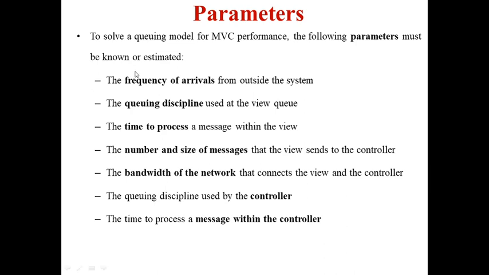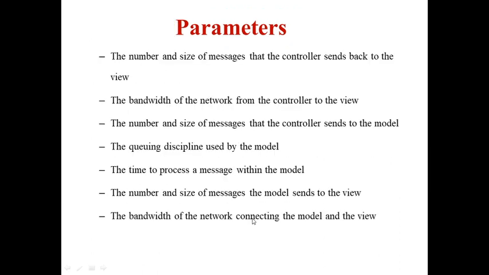Next is the discipline, and the next is the time to process, and we have to see the bandwidth of the network, and particular queuing discipline has to be followed for the controller. So all these things will be for the what? First three things will be for the view, and next for sending the messages to the controller and connects to the view and controller, and queuing discipline and message within the controller, right?